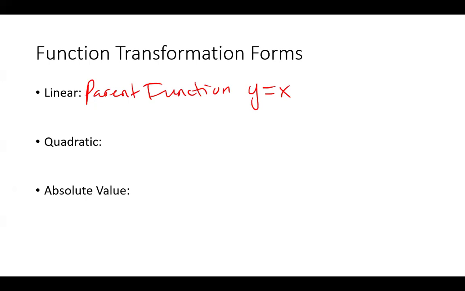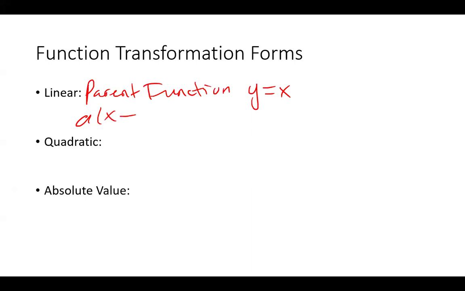When we write it in function notation, it's pretty straightforward with linear because you can only multiply and add and subtract so much. For a linear transformation, you would have a times x minus h plus k, and you don't have a b.